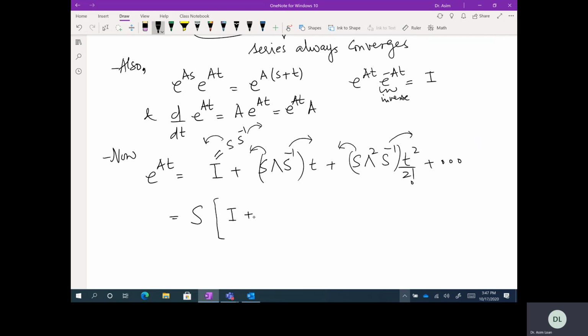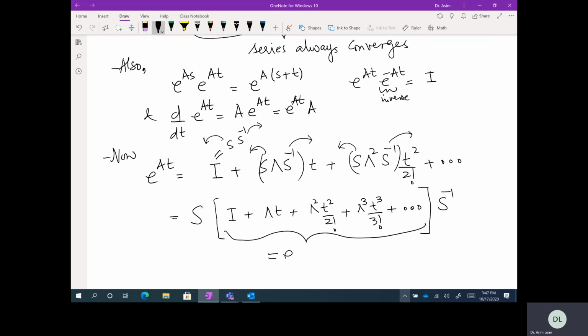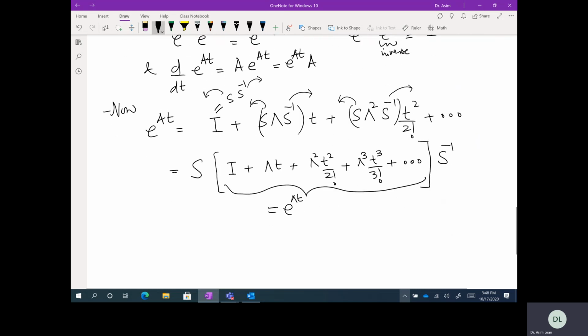So I'll get S times (I plus Λt plus Λ squared t squared over 2 factorial plus Λ cubed t cubed over 3 factorial, and so on) times S inverse. And what is this thing? By definition, it is simply e^(Λt). So this implies e^(At) equals S e^(Λt) S inverse.